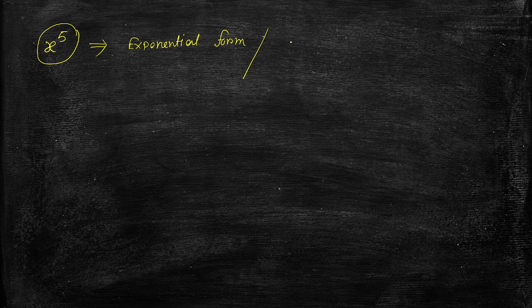Now let's take x to the power 5. So this is an exponential form, or sometimes it's called power notation.